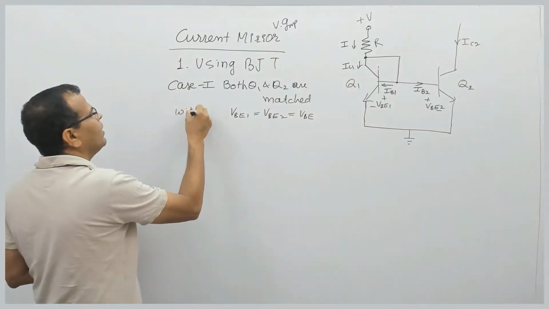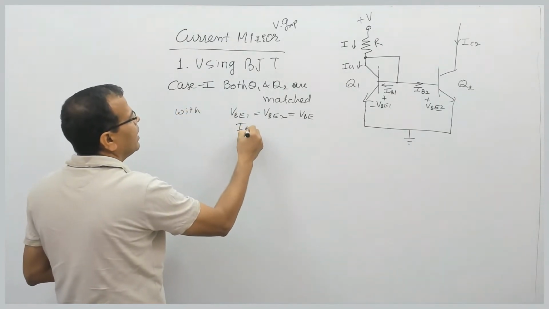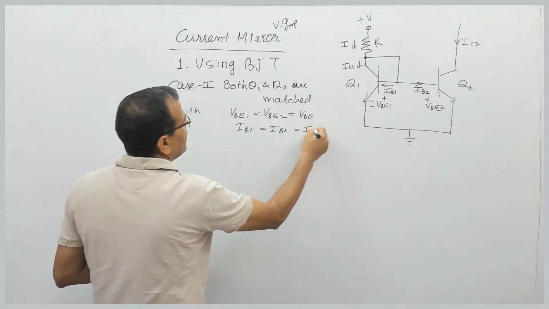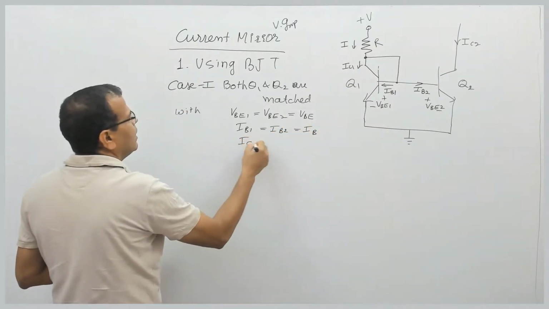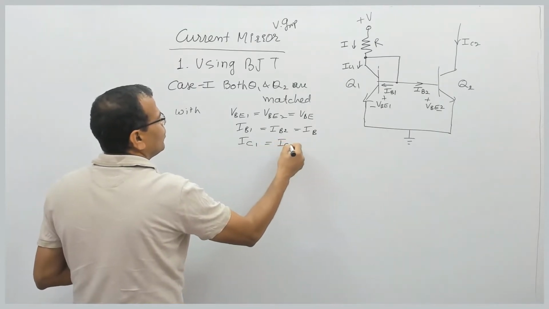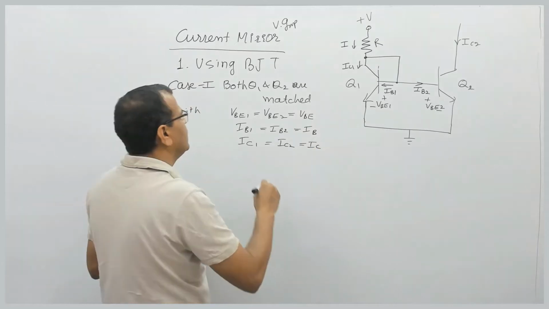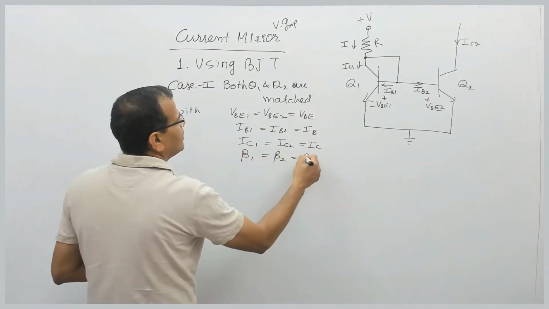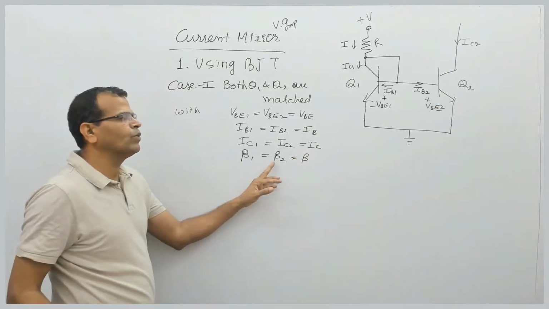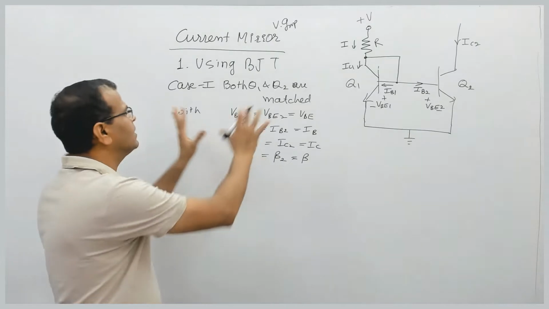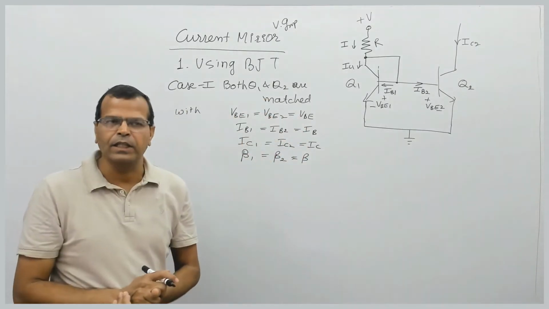This is what we are assuming. We take IB1 equal to IB2 equal to IB, and we take IC1 equal to IC2, and that is equal to IC, and we take beta 1 equal to beta 2, that is the current gain of Q1 is equal to the current gain of Q2, and that is equal to beta.